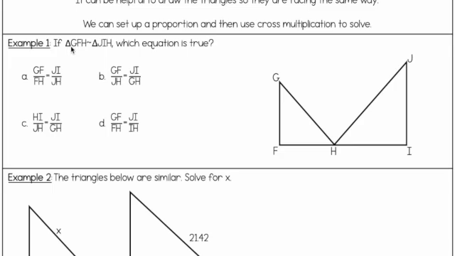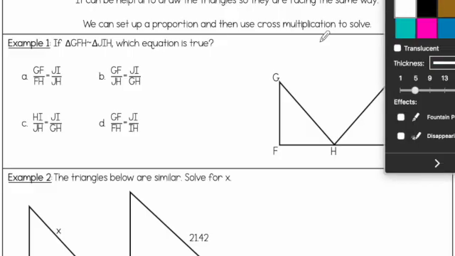If triangle GFH is similar to triangle GIH, which equation is true? So, I actually don't mind it drawn this way, but what I'm gonna do, because I can, is just redraw this triangle.